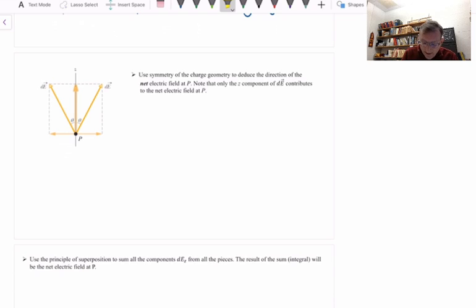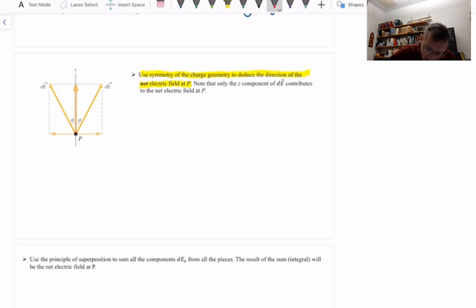We're using symmetry of the charge geometry to deduce the direction of the net electric field at point P. So now I've simplified the drawing a little bit to help you focus on the important part. I didn't even draw the ring right now. I just drew the point P, where we're finding the field, on the z-axis.